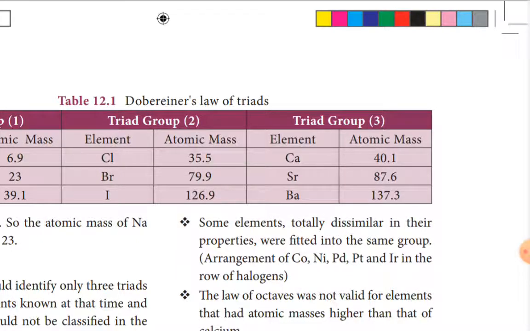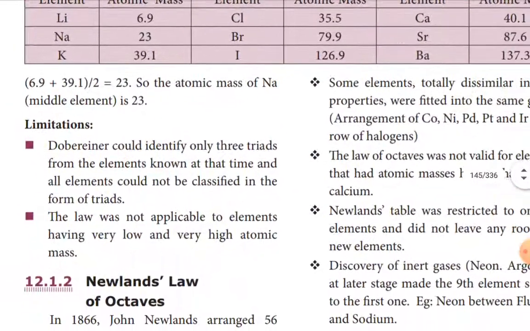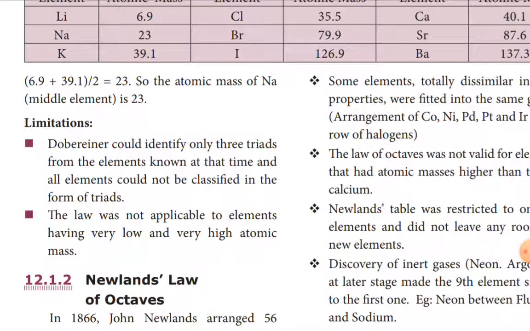In such a way he grouped the elements in Dobereiner triads, 3 by 3, but not all the elements could be arranged in the form of 3 by 3. That is the limitation, or drawback. Limitation means drawback, demerits. So what are the drawbacks or demerits of the Dobereiner triad? Dobereiner could identify only 3 triads.